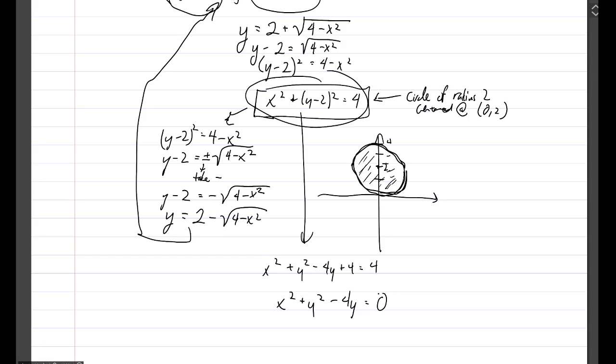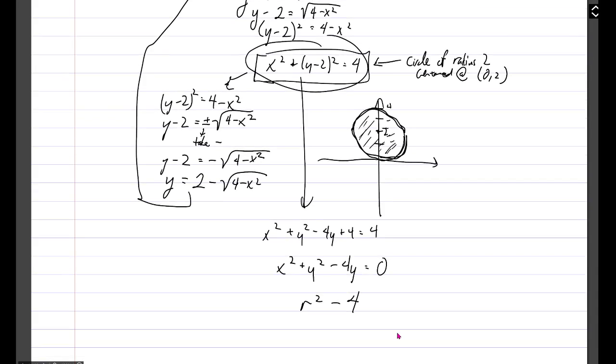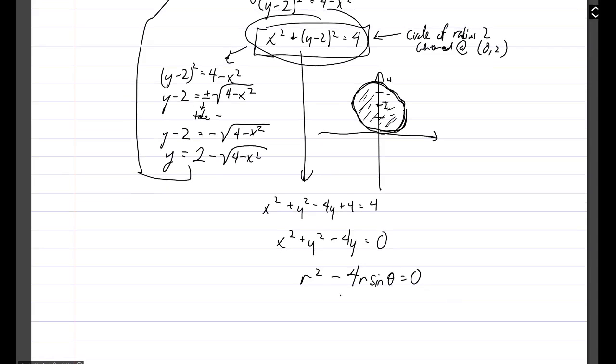The whole point now is it's actually going to be relatively nice to convert this into polar coordinates. So check this out. The first two terms, x squared plus y squared, that ought to become r squared, right? Minus 4 times, and then there's a y there. Well, let's turn that y into r times sine of theta. Equals 0. Now, we do need a little bit of odd trickery here, but let's add the negative term to both sides. Have r squared is equal to 4 times r sine theta, and then divide both sides by r.